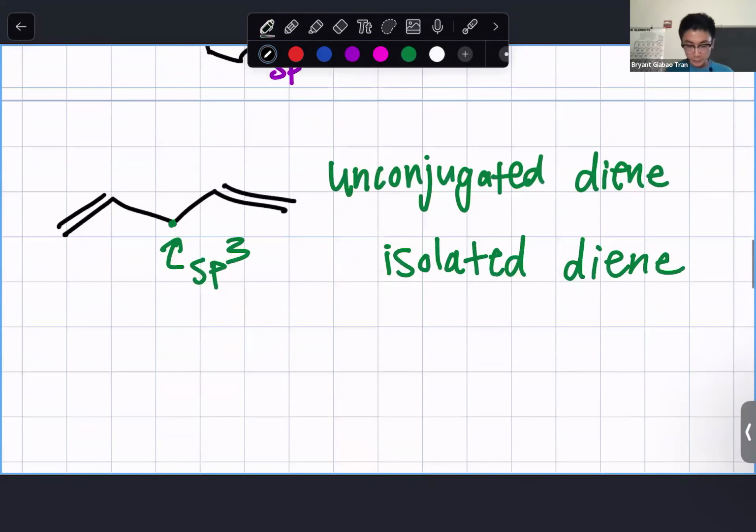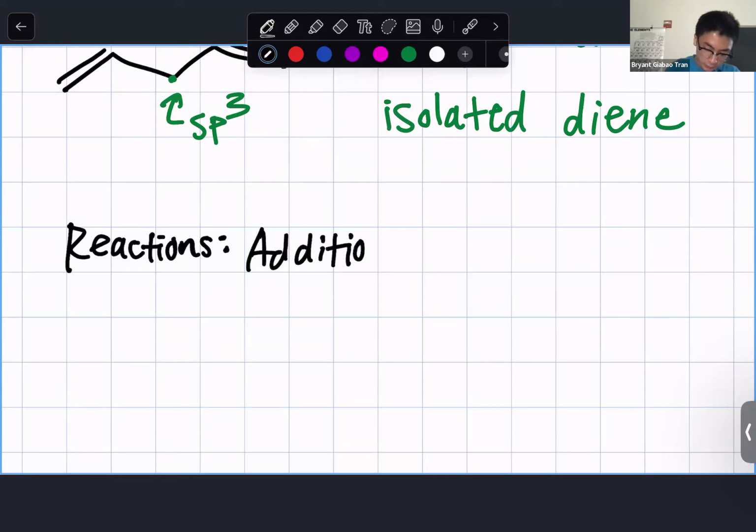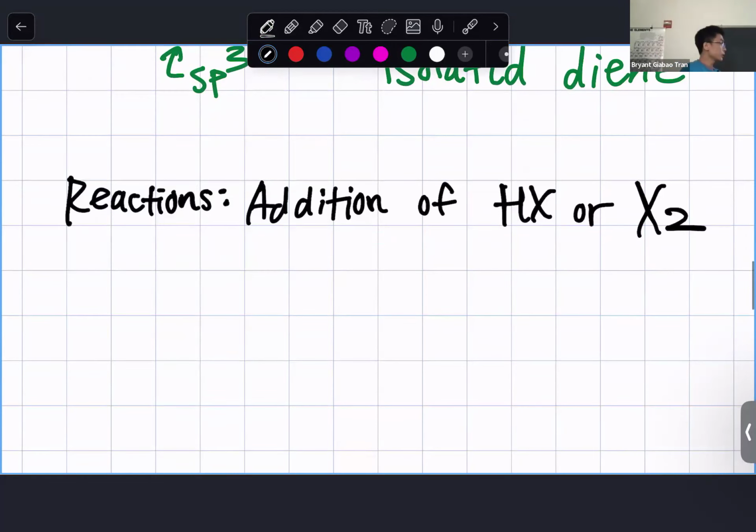Okay. And the reactions of conjugated dienes that you could do are addition of HX or X2. And you also get two different kinds of products, the thermodynamic product and the kinetic product.